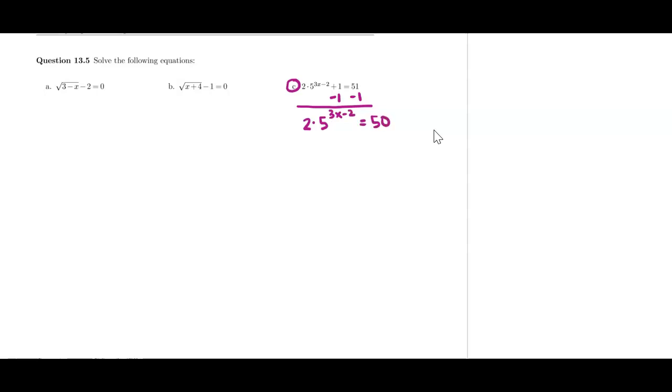Okay, then what do I need to do at this point? So I see a lot of people saying do 2 times 5.